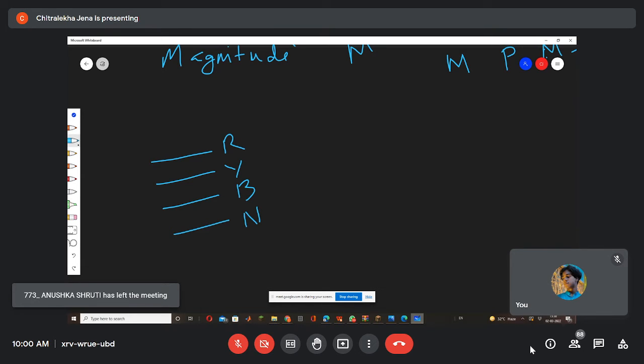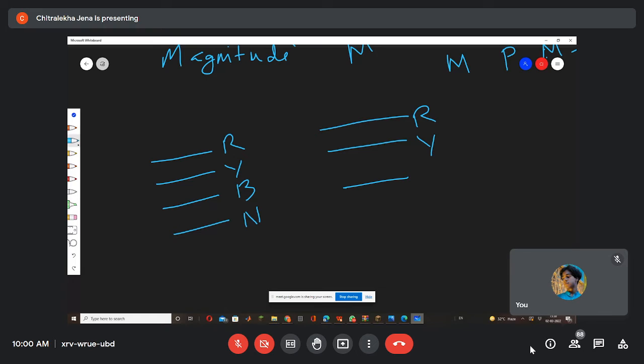This is a three-phase four-wire system. The three-phase three-wire system is only RYB where the neutral is absent. In the Indian distribution system we keep it in star connection. This is the star connection and this is the delta connection.